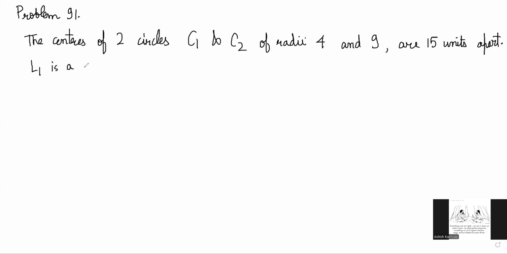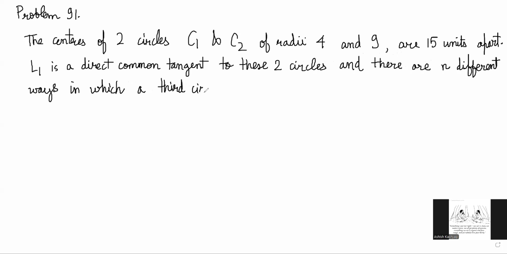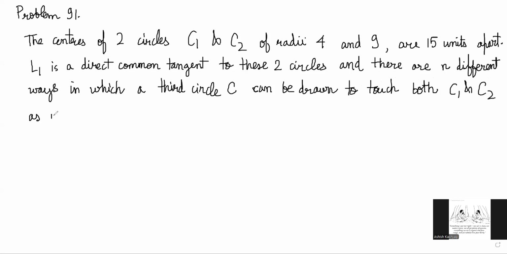L1 is a direct common tangent to these two circles, and there are n different ways in which a third circle C can be drawn to touch both C1 and C2 as well as the line L1.